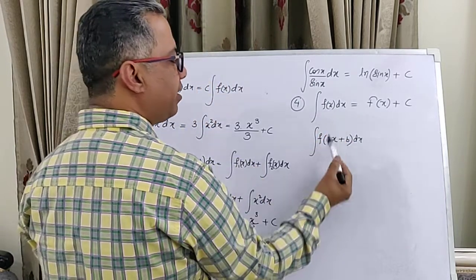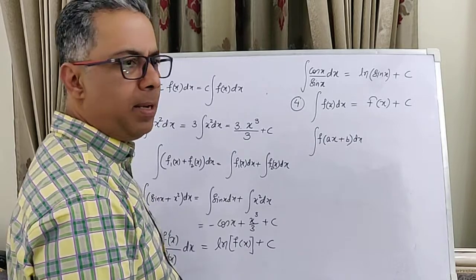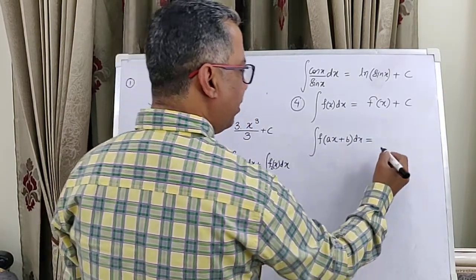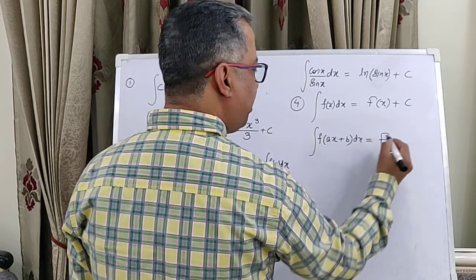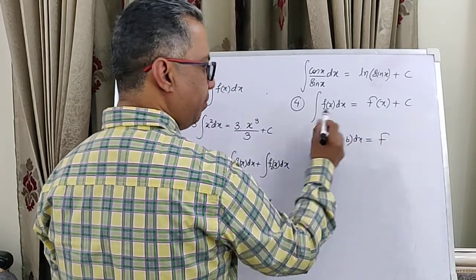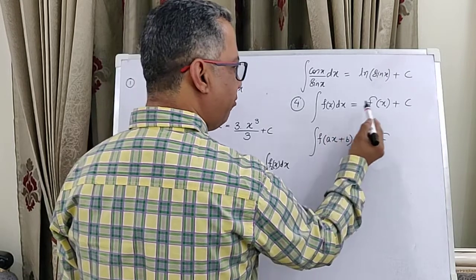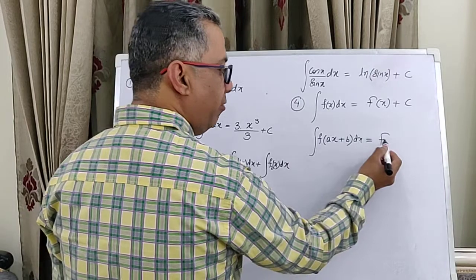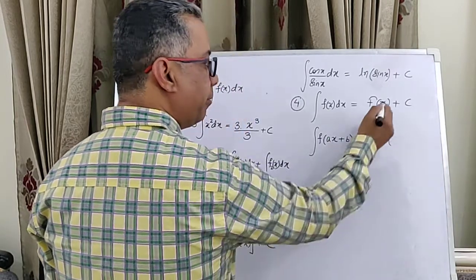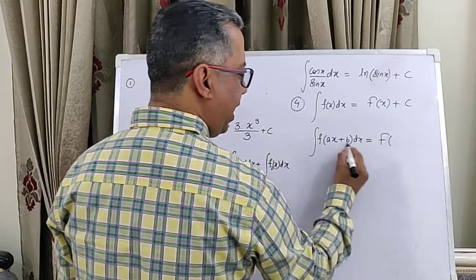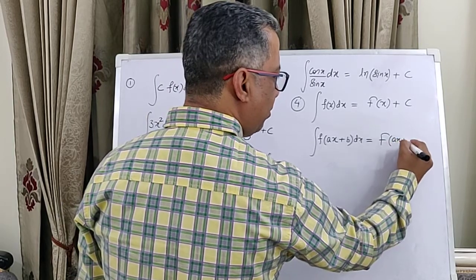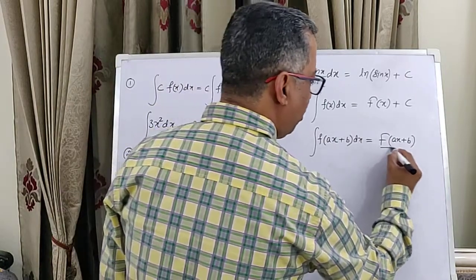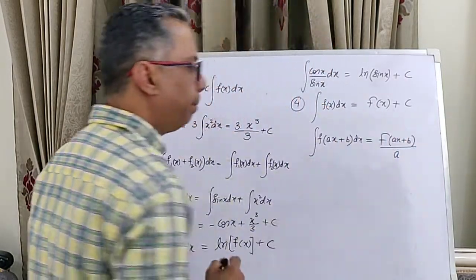Now in place of x the function has ax plus b. Here on integrating we will get capital F, the same function. On integrating this function, we got capital F(x). On integrating the same function again, we get capital F of, in place of x, we had ax plus b. But one little change, you divide this by a.